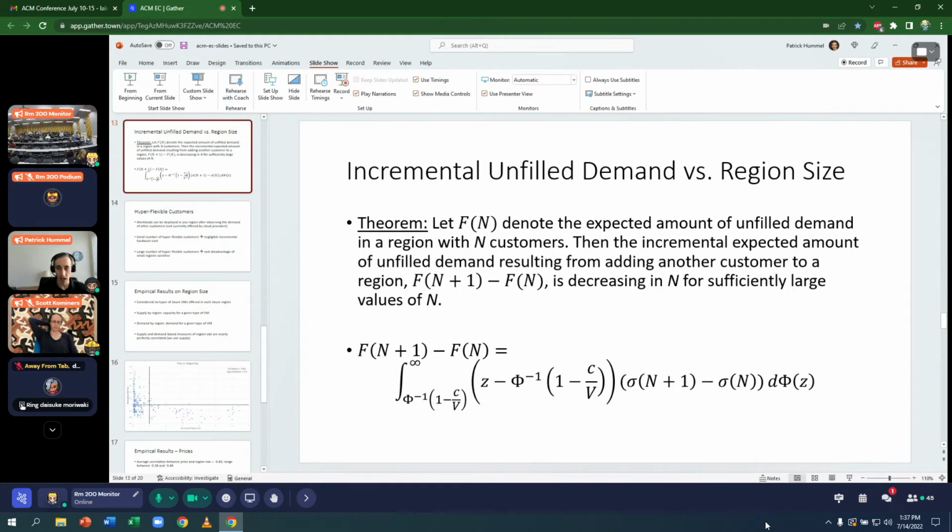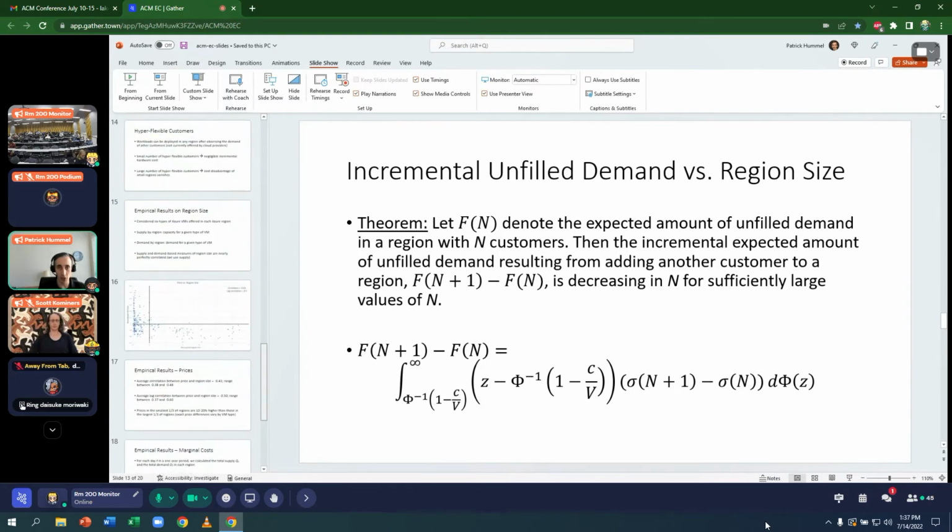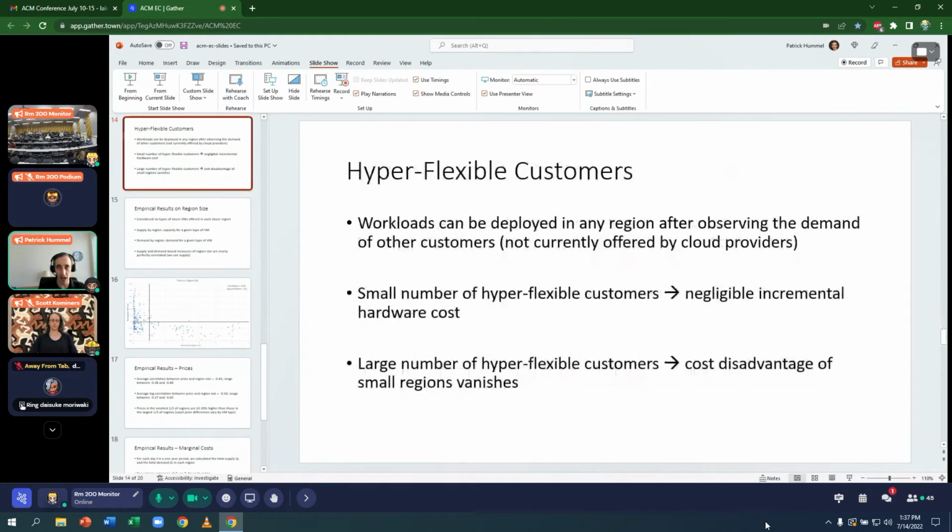Okay, and so in this work so far, we've been focused on customers who, although they might have the flexibility to deploy to either a small region or a large region, once they've been deployed to a particular region, they need to stay in that region in perpetuity, or at least until they deallocate their workloads.